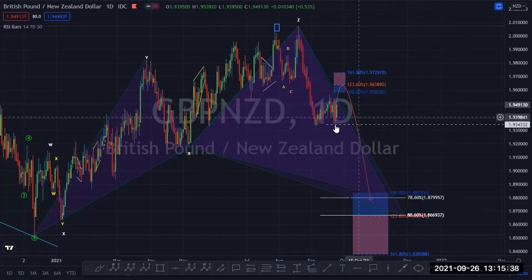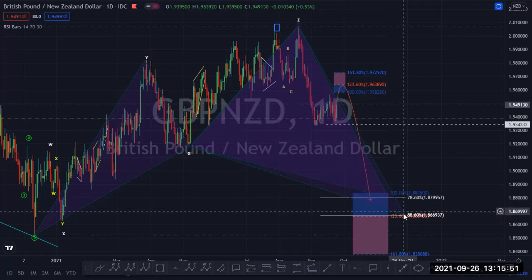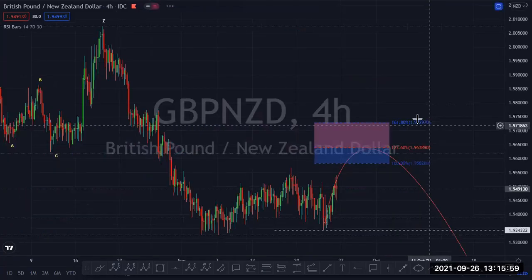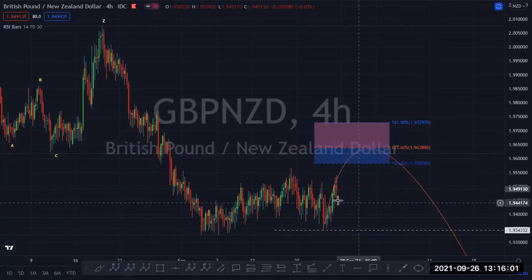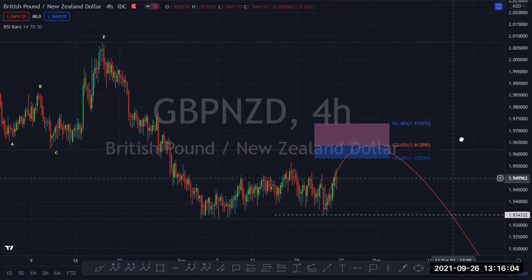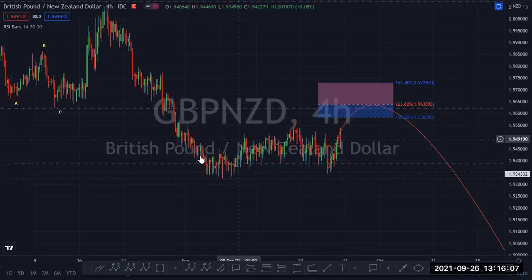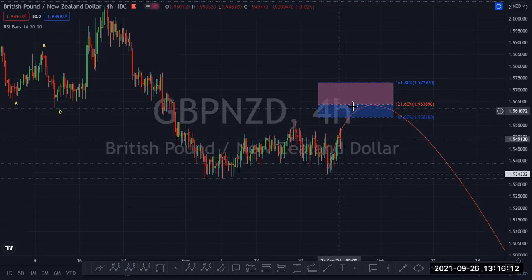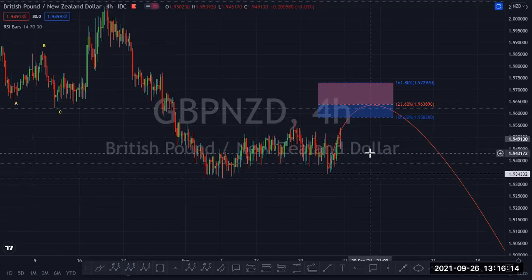One, if the market breaks this and begins to drop, the pattern will complete at 1.188 for Cypher, then for Shark, it will go lower, 1.867. But now it's safer. Let's see 4 hours. On 4 hours, there's no trade yet on this. I will not make any trade until price comes to this level. Then I will see what will happen, whether I will sell or wait.